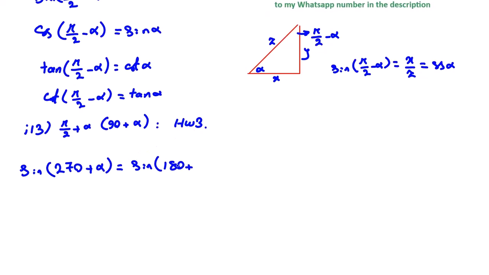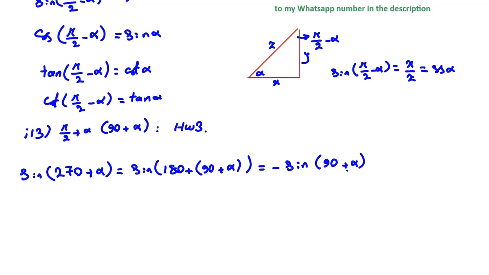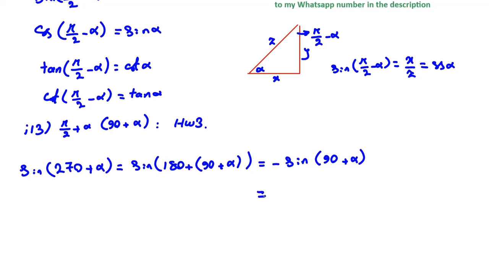So you say this one is 180 plus 90 plus alpha. We say sine of 180 plus something is negative sine of that part, 90 plus alpha. And for sine of 90 plus alpha, you can use the previous things. So negative sine.